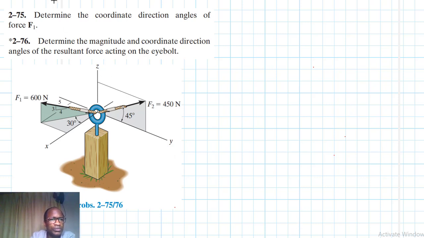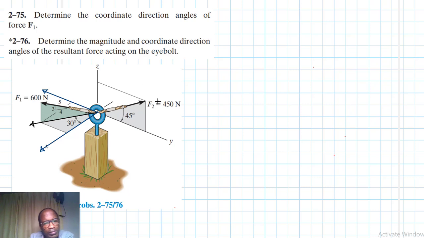Alright, let's draw the components of these particular forces. Let's start with F1. F1 has a component on the XY plane. Then later on, this component will be mapped on the x-axis like so, and another one will be mapped on the y-axis like so.